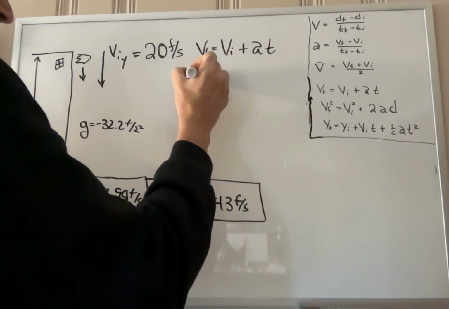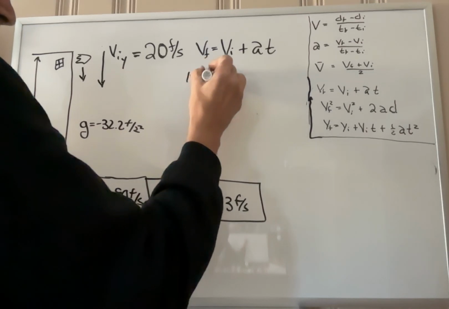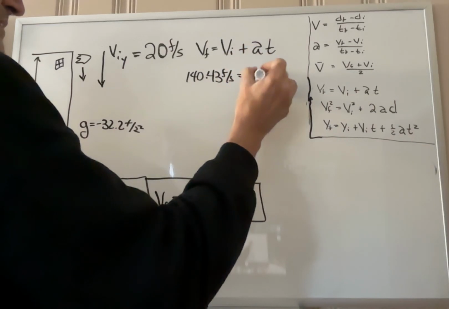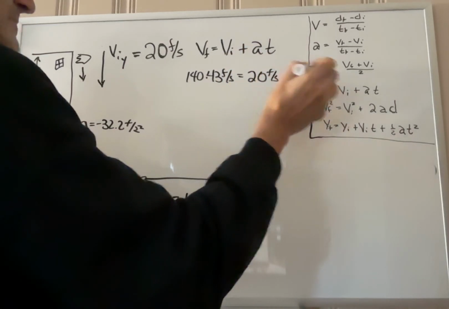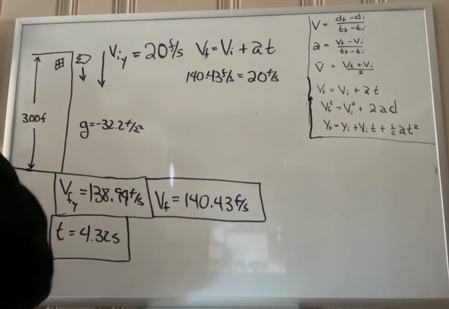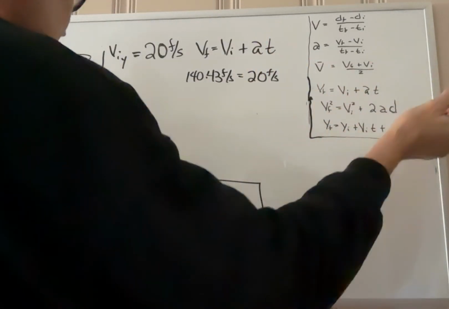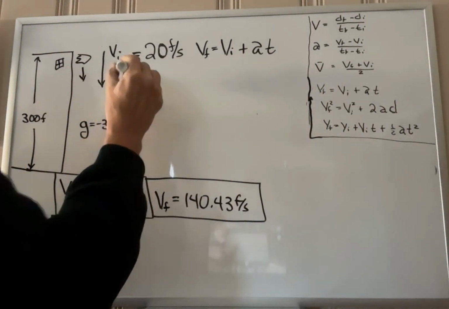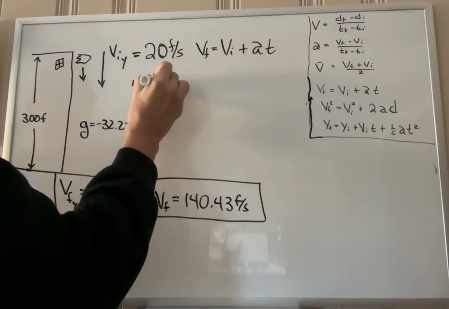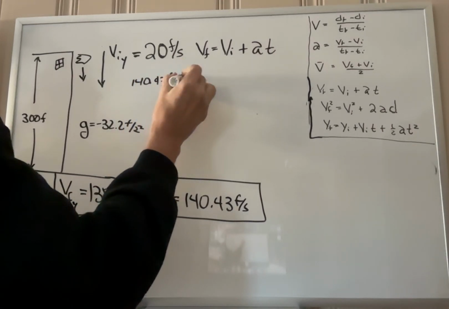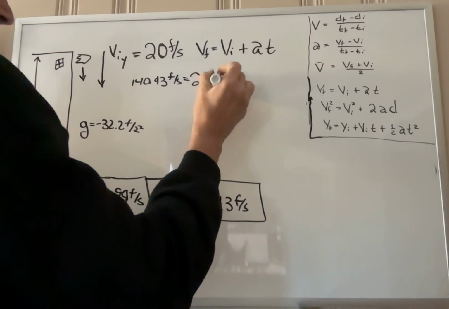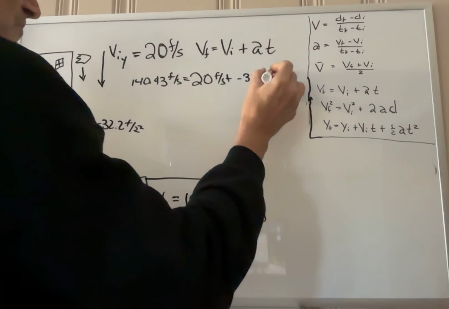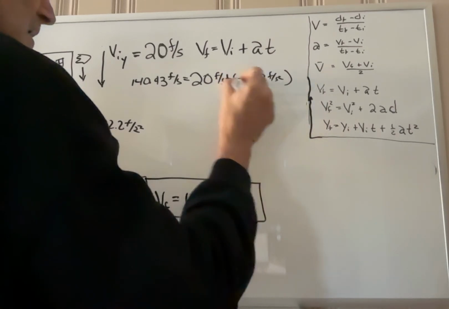So I know my velocity final, 140.43 feet per second, is going to be equal to 20 feet per second plus a times t. I'm running out of room, sorry. Which should be 32.2 times whatever I'm looking for. In fact, I'll make it easier. 140.43 feet per second is going to be equal to 20 feet per second plus negative 32.2 feet per second squared times my time.